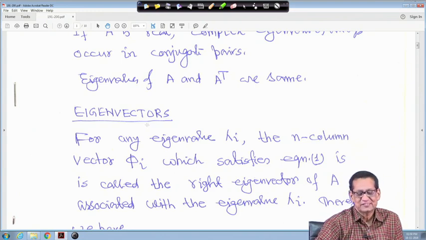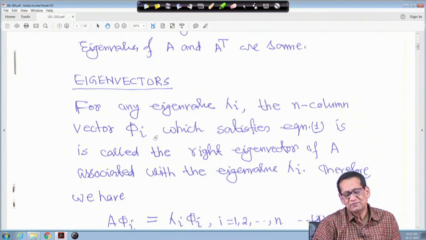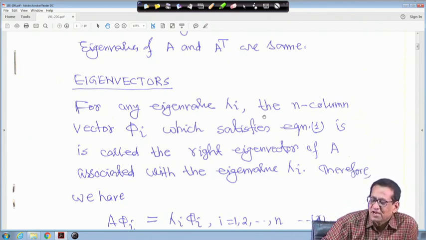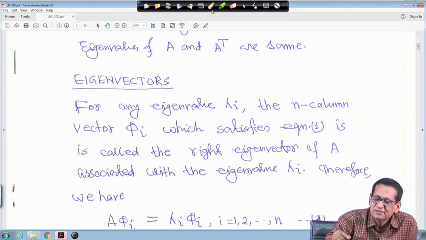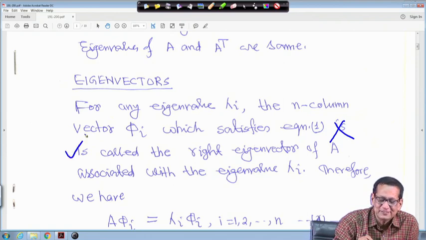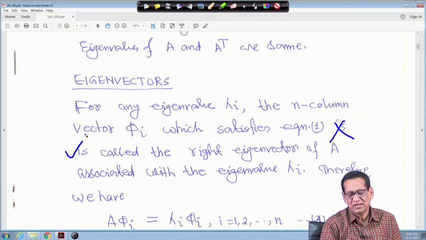First, eigenvectors. For any eigenvalue lambda i, the n column vector phi i which satisfies equation 1 is called the right eigenvector of A associated with the eigenvalue lambda i.